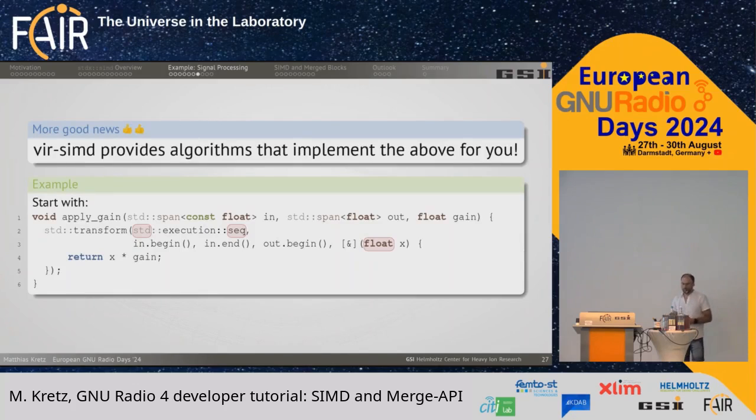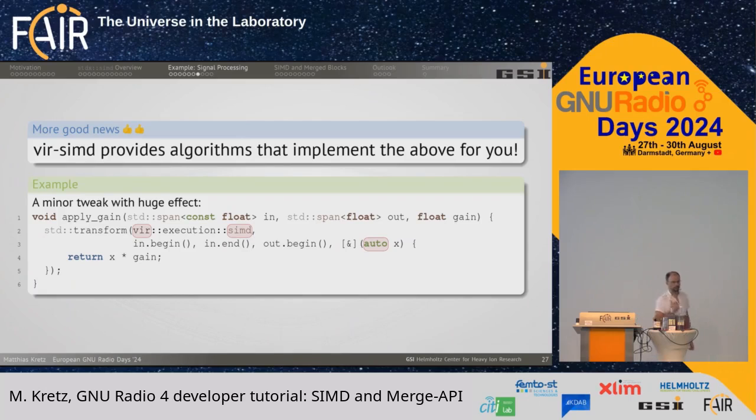There's another approach. So if you have to implement a process bulk, then start from this std transform implementation. There's always this implicit execution policy of going sequentially over this. Spell it out. And then there's this minor tweak. You change the execution policy to the SIMD execution policy.